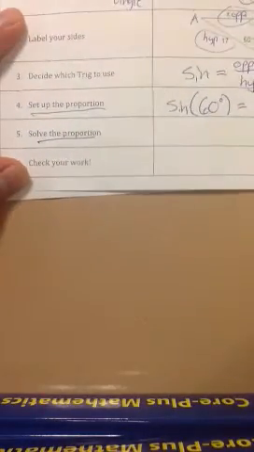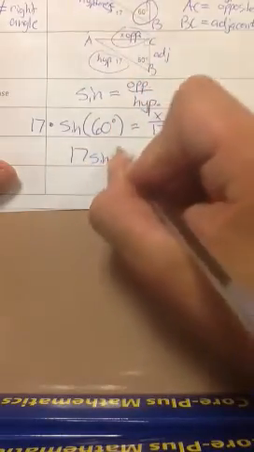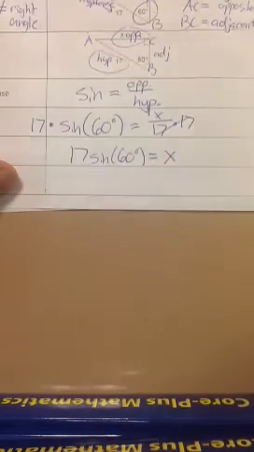From here, we solve the proportion. Just like any equation, we need to isolate x on one side of the equation. So I would multiply both sides by 17. These 17s cancel, and I'm left with 17 times the sine of 60 degrees is equal to x.